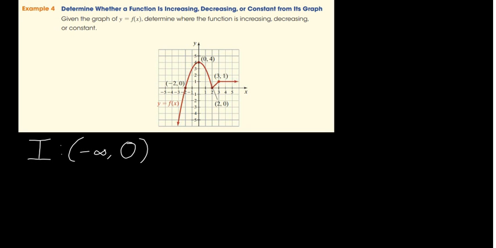It looks like we're also increasing from, right here at +2, we're increasing from 2 to 3 on the x-axis. So we're going to say 2 to 3. Pretty easy, right?